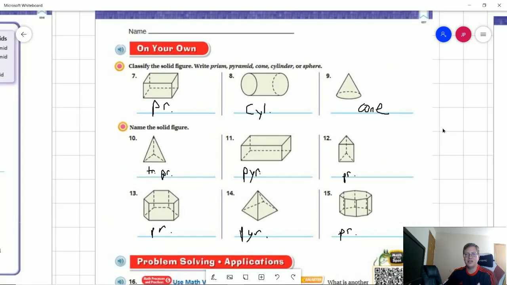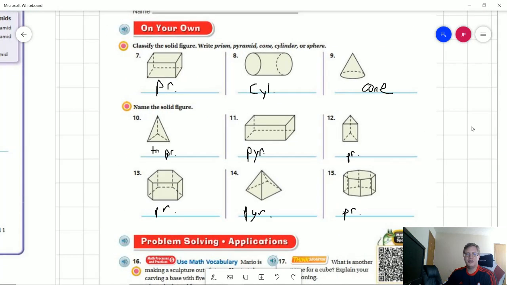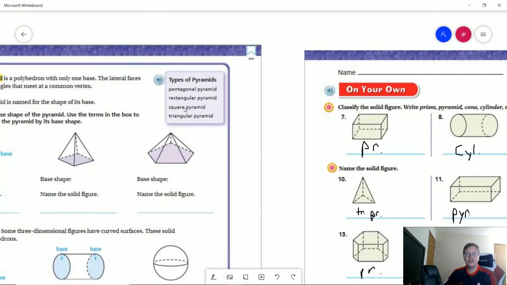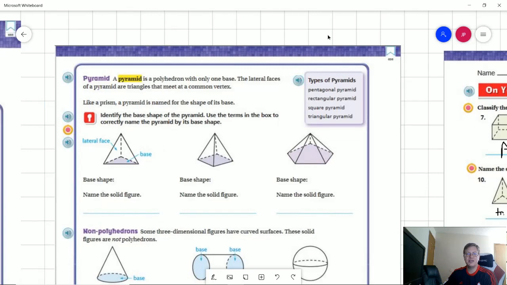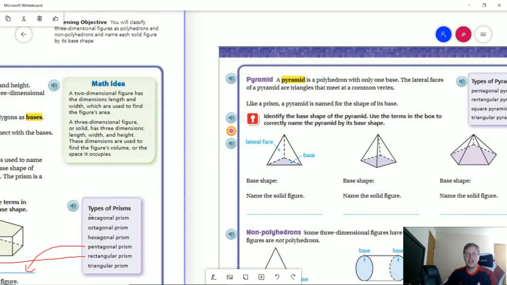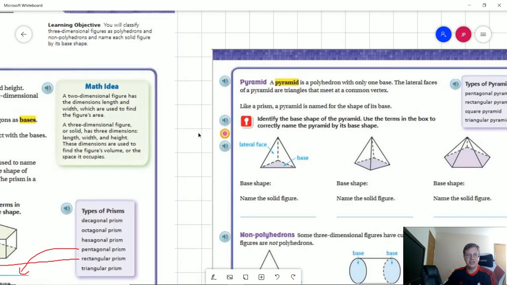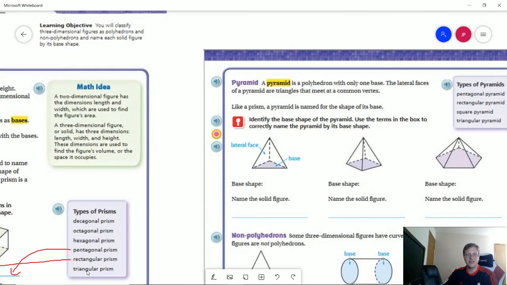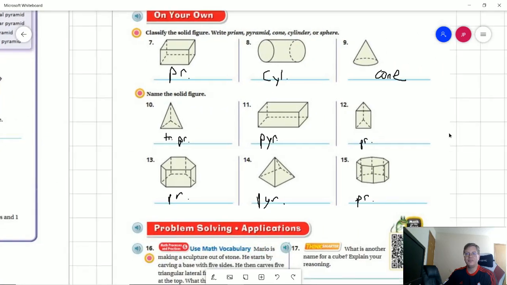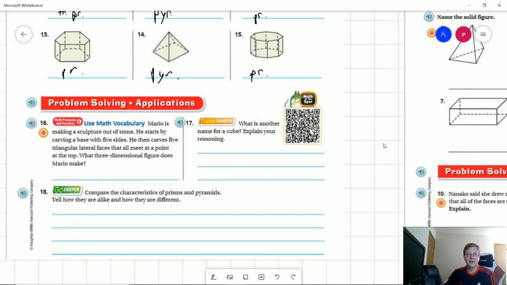So if we take a look at our classifications back here, we could say that that would be, I guess, a quadrilateral prism, I guess would be the term that you could use for that. Or it could be technically a rectangular prism as well, would be what I would say for that.